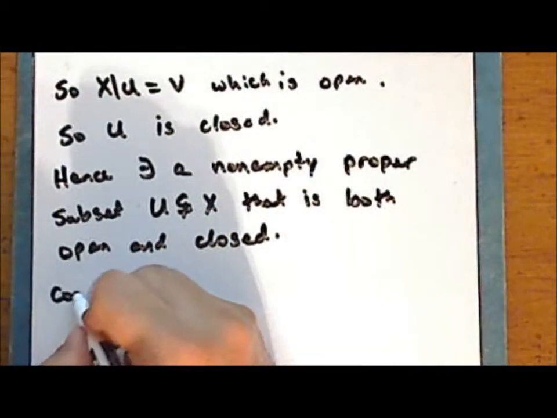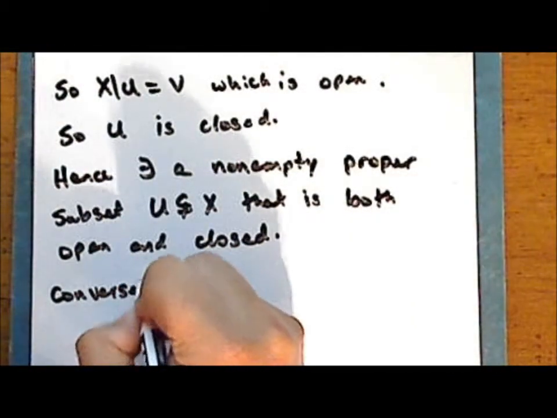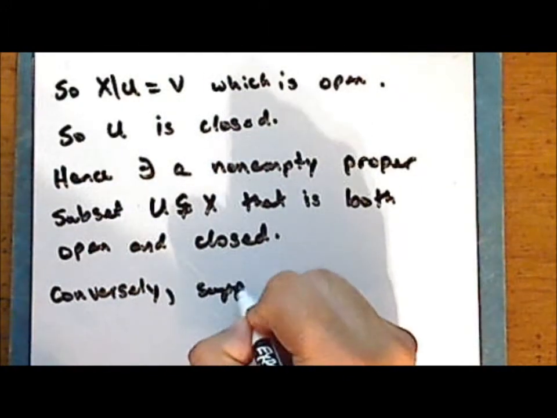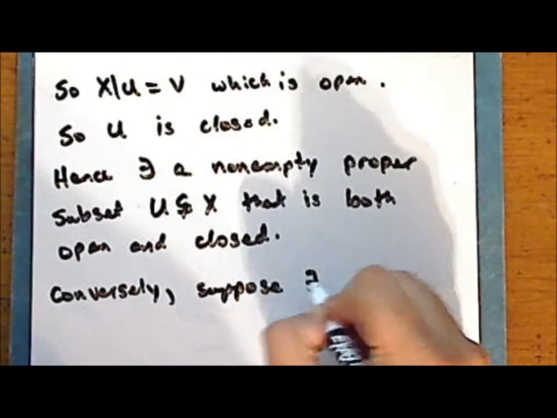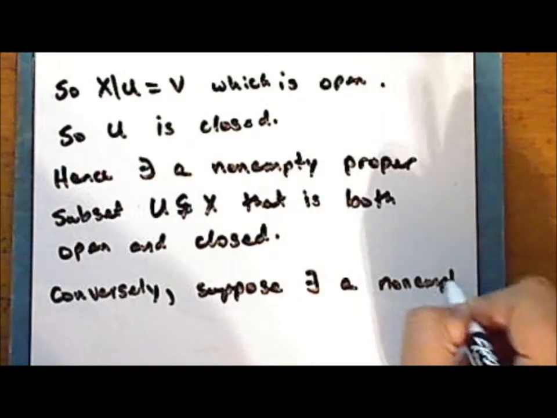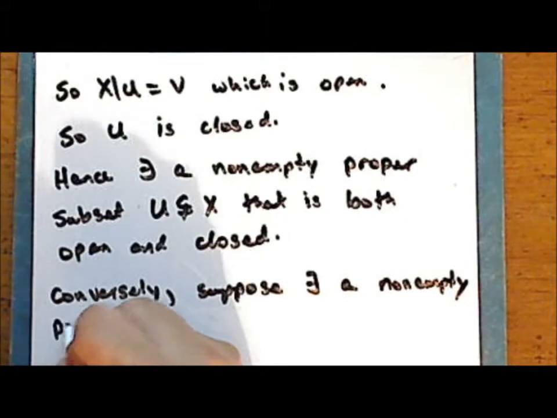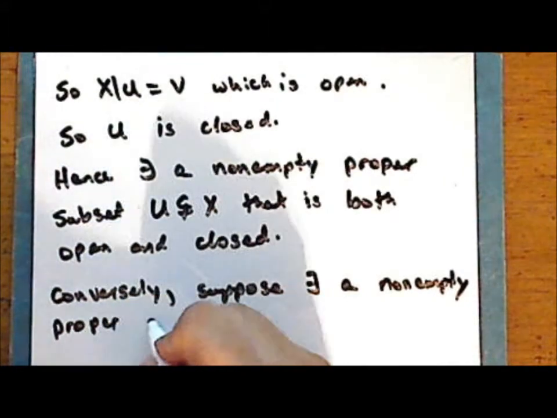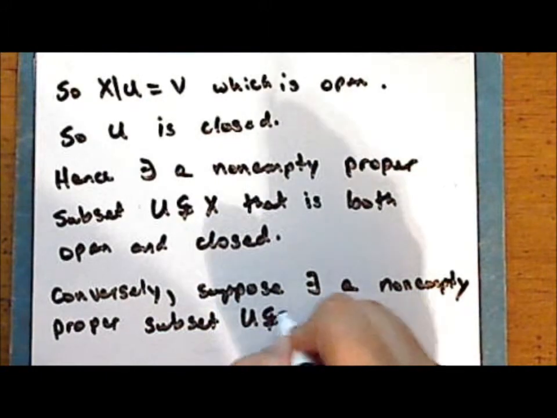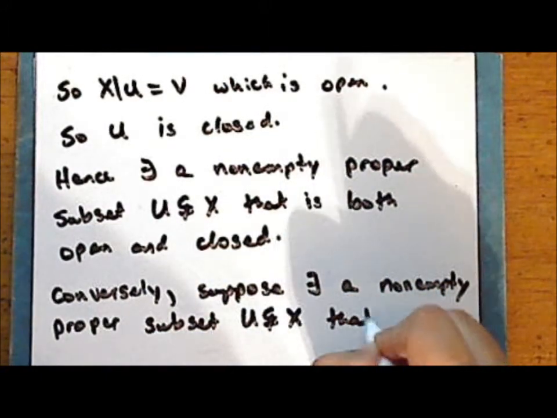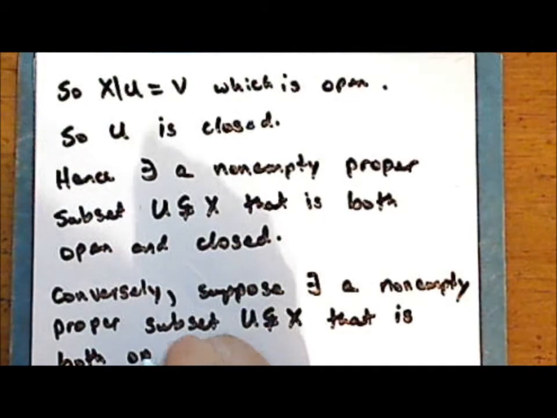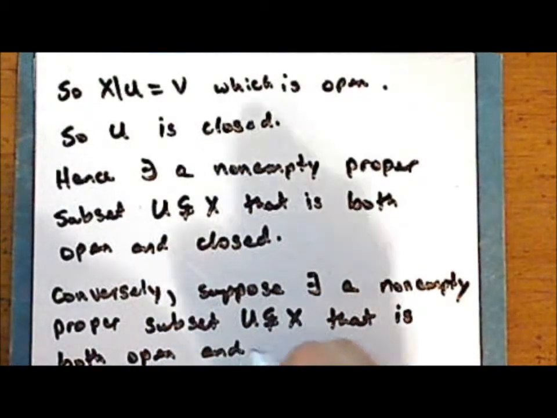So conversely, suppose that there exists a non-empty proper subset U of X that is both open and closed.